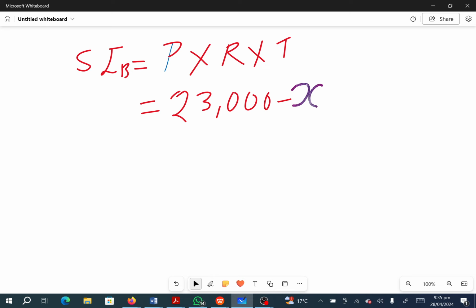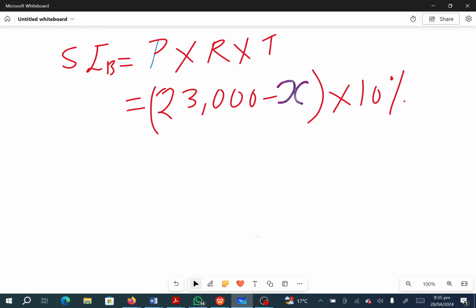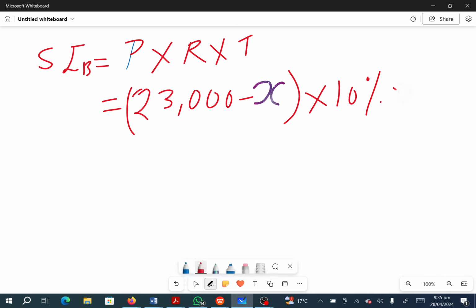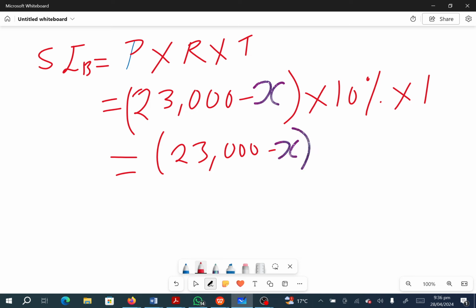Then multiplied by 10%. So the interest was 10% in scheme B. Then the time was 1 year. So we are going to compute this. So it will be 23,000 minus X, multiplied by 0.1.